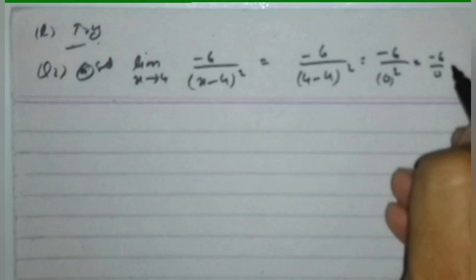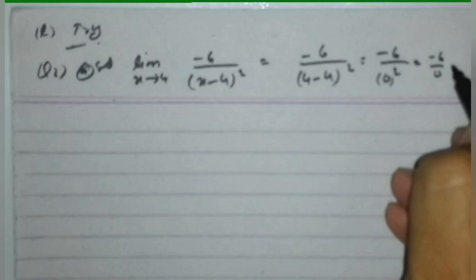We get limit x tends to 5, (x minus 5) divided by (x minus 5) into (under root x plus under root 5). This x minus 5 cancels with this. We get limit x tends to 5, 1 over (under root x plus under root 5).